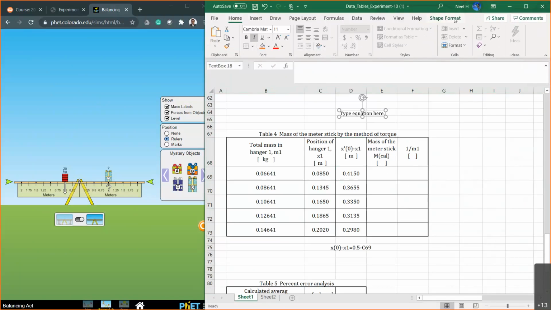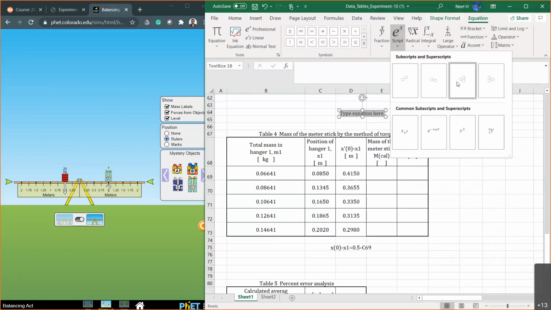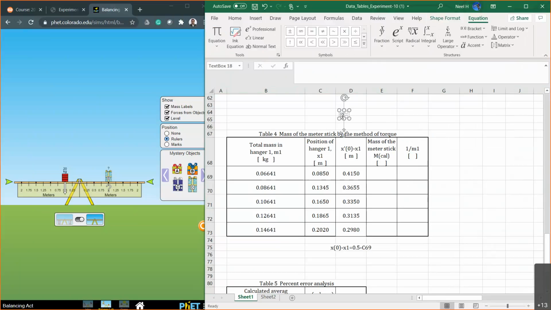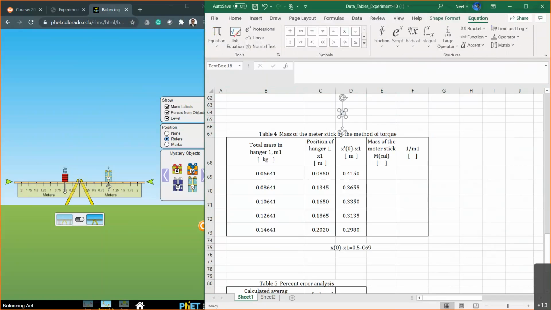For example, if I want different equation formatting here, you can see different formatting. If I want the prime here, you can select that. Then I need x0 and the prime on top. Now you can see it's a very nice format. That may be the best way to do it, but if you can't, just type x prime and then 0 in parentheses.